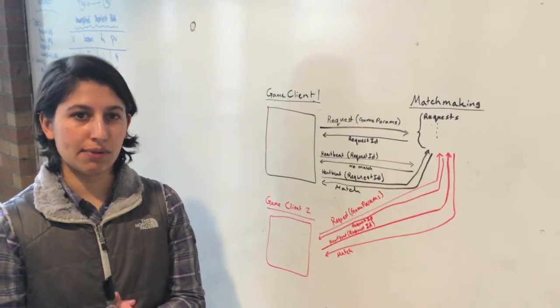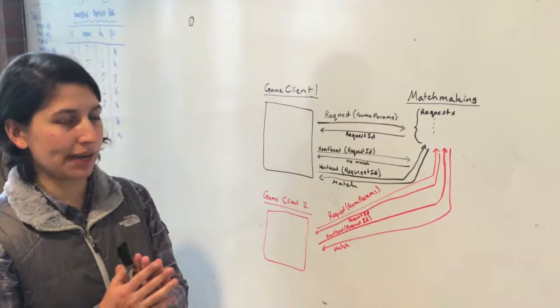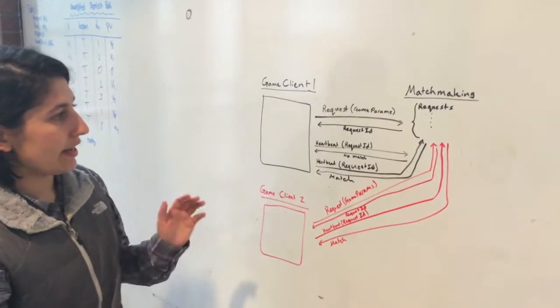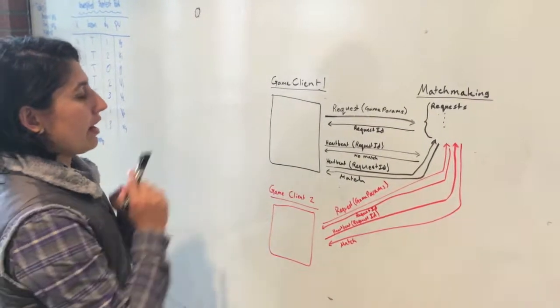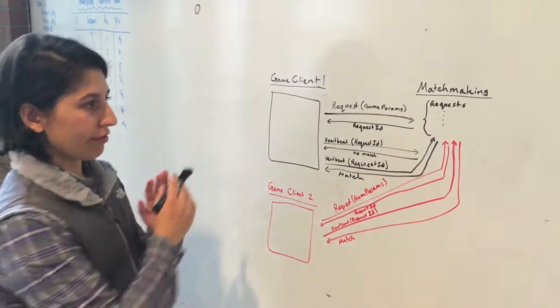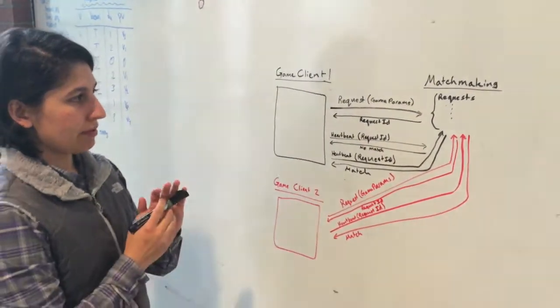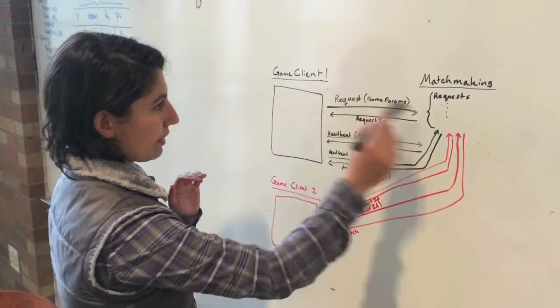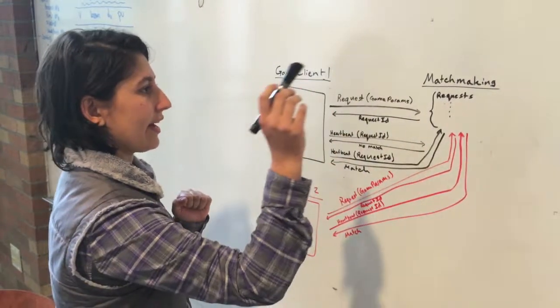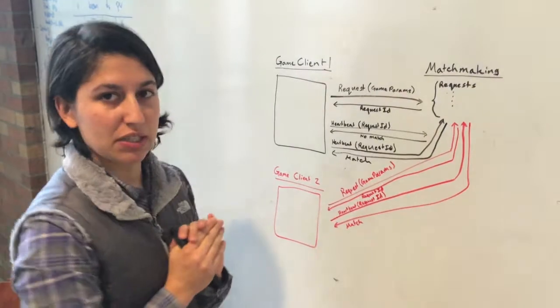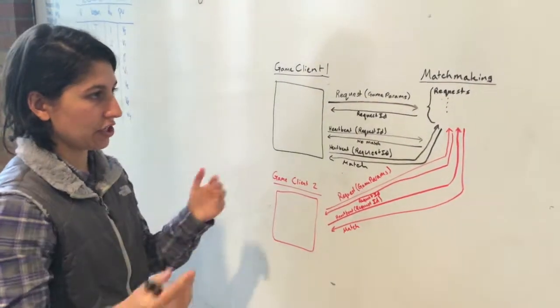So the way our matchmaking server will find a match for 2 clients is the first game client would first put in a request to find somebody to play a game with. They would do a request call and pass the game-specific parameters needed to find a match.